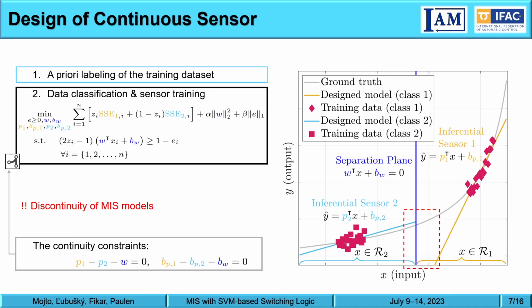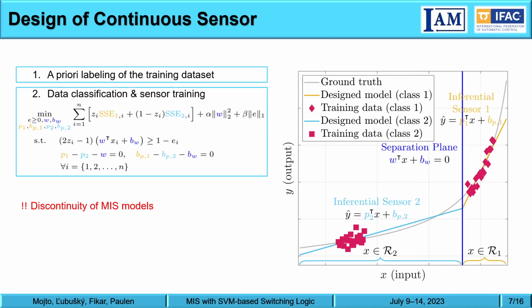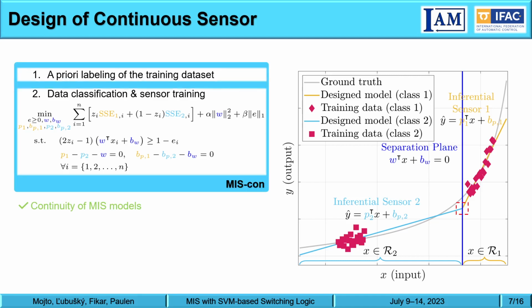We can simply implement these constraints into our optimization problem, and as we can see, the designed models are now continuous, which can be seen here. This leads us to the first proposed approach for the multimodal inferential sensor design with continuous labeling.